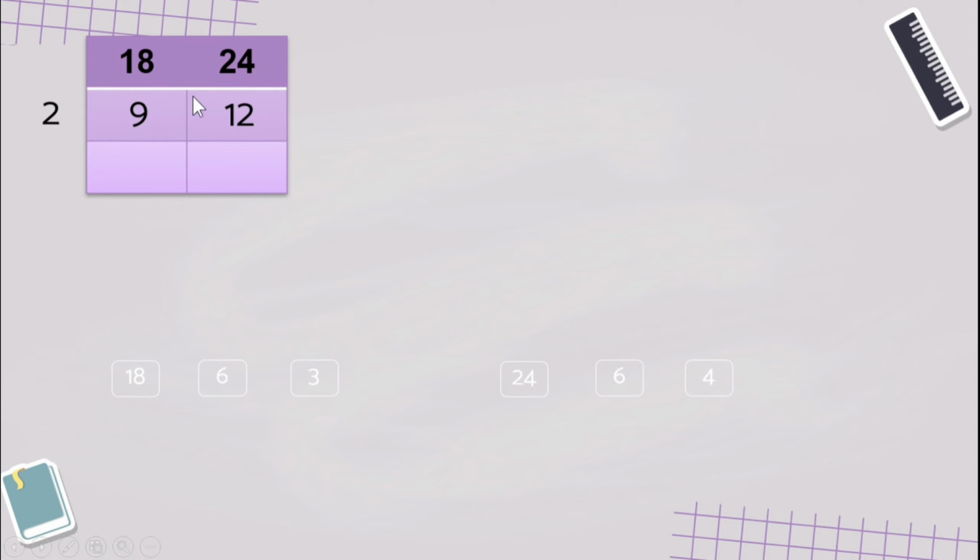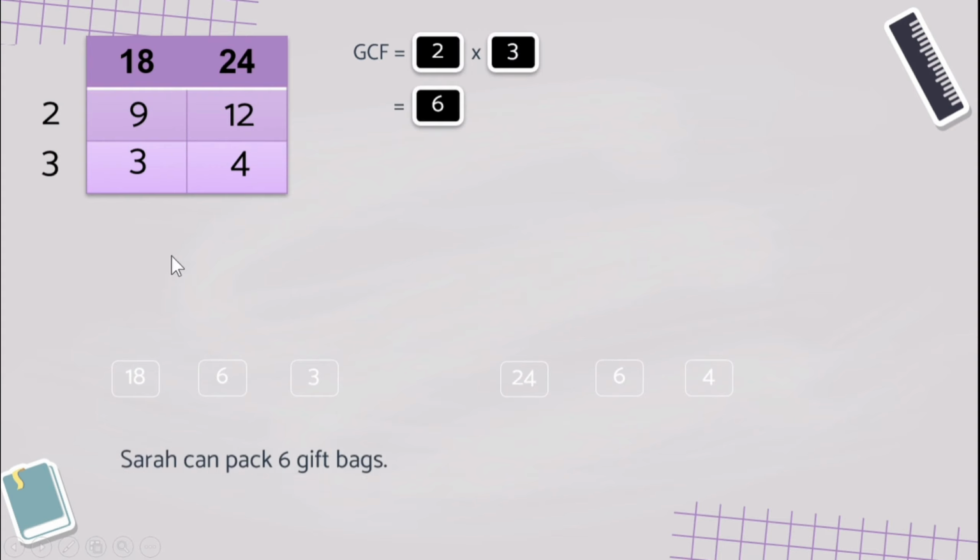We can find a number that can divide 18 and 24. 18 divided by 2 is 9 and 24 divided by 2 is 12. 9 divided by 3 is 3 and then 12 divided by 3 is 4. So the numbers on the outside of the table give the GCF. 2 times 3 is equal to 6. Sarah can pack 6 gift bags.